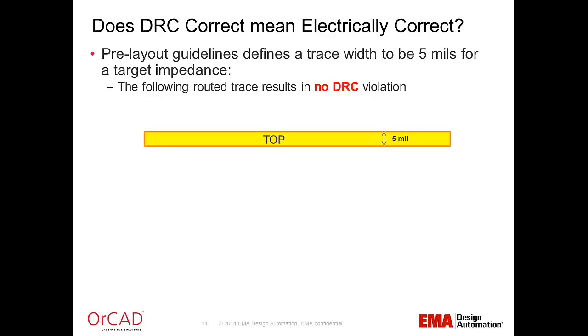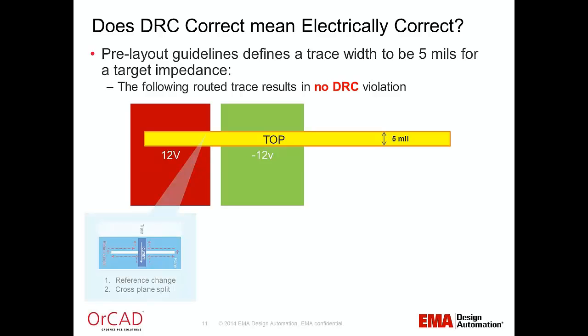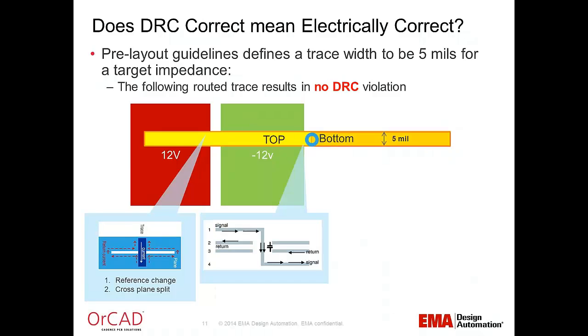So typically DRCs run in a pre-layout guideline type of situation where, for instance, let's just take a singular trace that's 5 mils wide. DRC dictates it will remain 5 mils wide for a certain length. As we take that trace across a couple of power planes, for instance, maybe we have a 12 volt and a minus 12 volt that it goes across, there's a void in between.